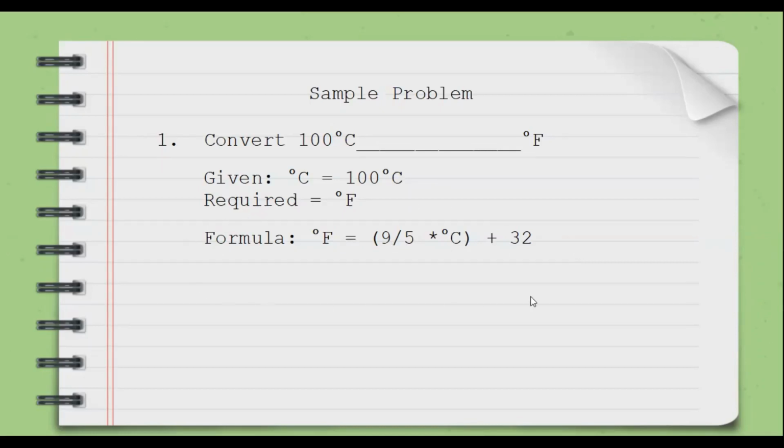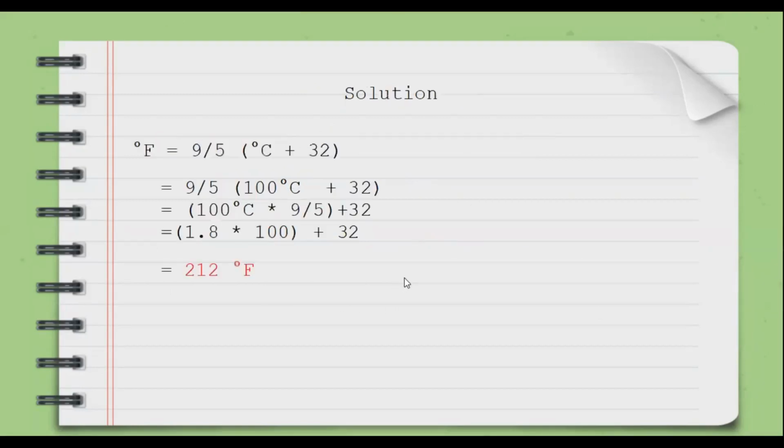So this is our formula for the degrees F. By applying our formula, we will obtain degrees F is equal to 9/5 degrees C plus 32. By rearrangement, we have 100 degrees C times 9/5 plus 32.